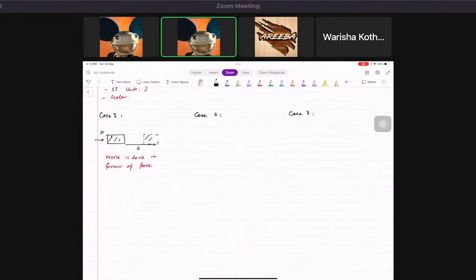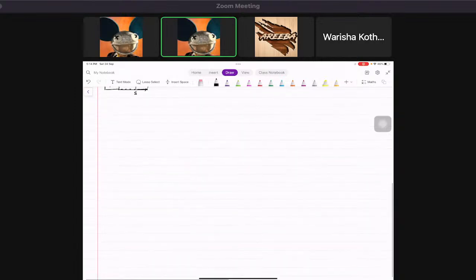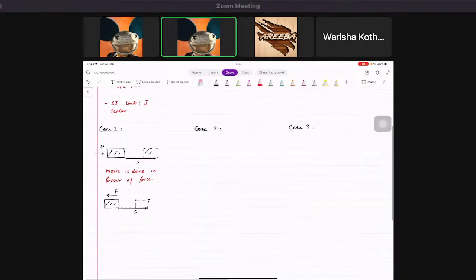And if the same object had moved, or it was already moving, to a displacement S, but the force was in the opposite direction, then we would say that work is done against the force.